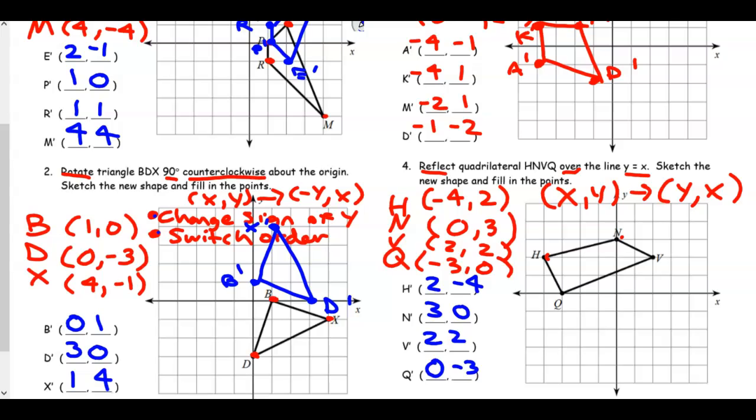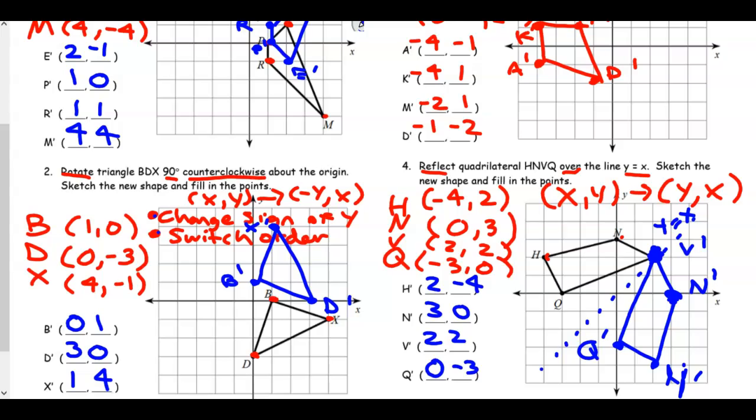All right, so plot those points. 2, -4, H prime. 3, 0, N prime. 2, 2, my V prime. 0, -3, my Q prime. And that's reflecting across that diagonal line, y equals x. Okay? See that reflection over the diagonal?